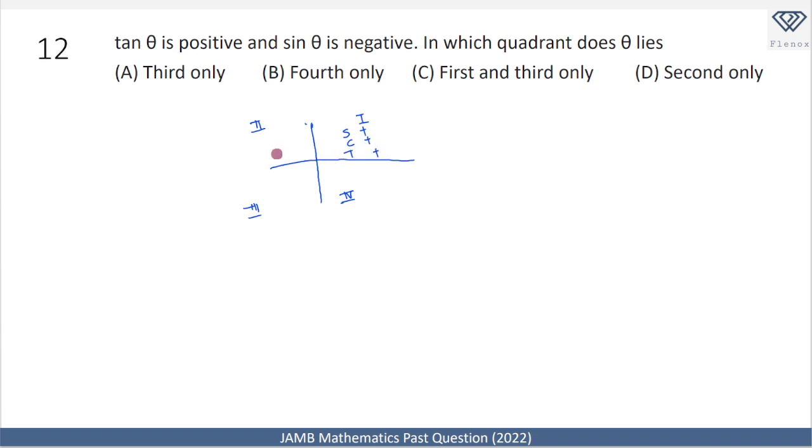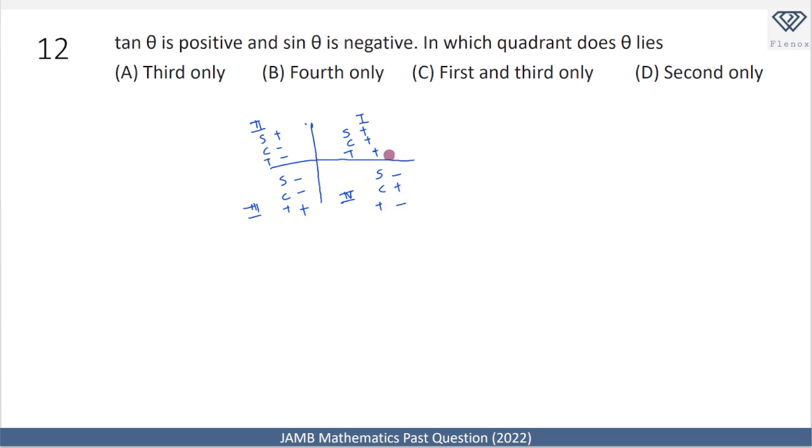In our second quadrant, sine theta is positive, cos theta is negative, and tan theta is negative. In our third quadrant, sine theta is negative, cos theta is negative, and tan theta is positive. And in our final quadrant, sine theta is negative, cos theta is positive, and tan theta is negative.